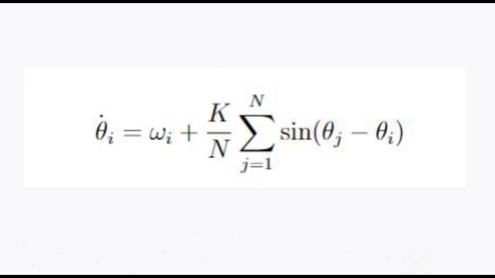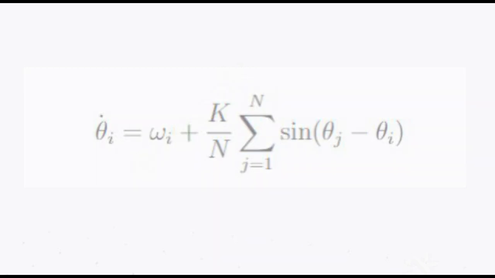Now we can write a functional relationship between theta i and the adjacent theta j, such that theta i dot is equal to omega i plus k times the sum of sines of theta j minus theta i. The sinusoidal term describes the relation between two oscillators. Also, the k term describes the strength of correlation, as I explained before.